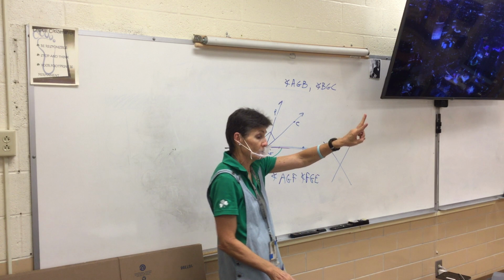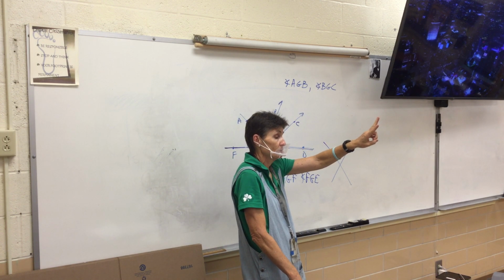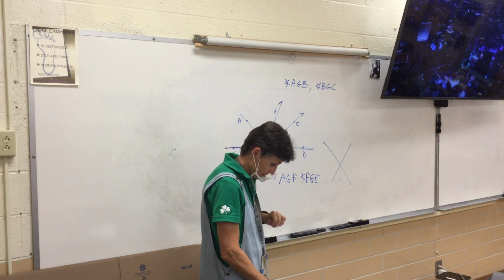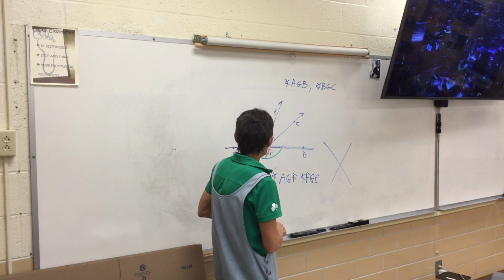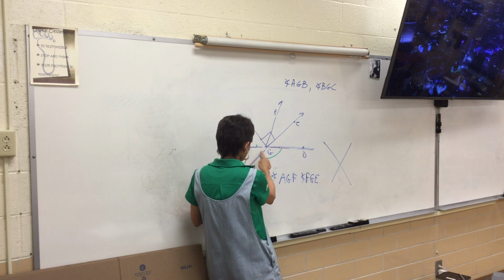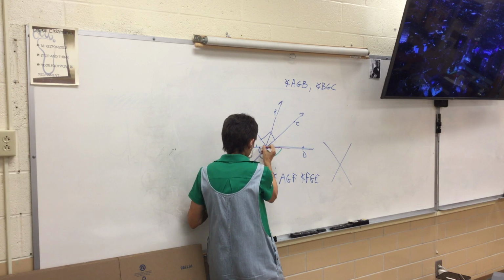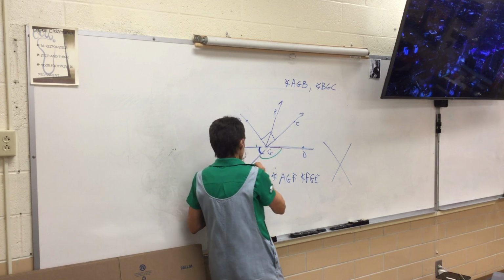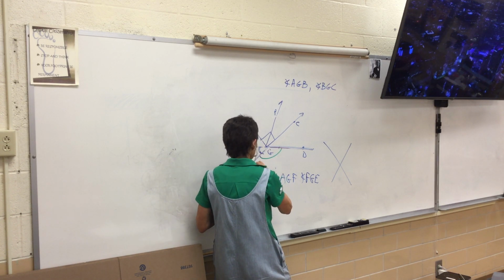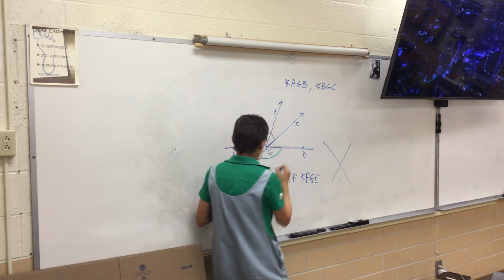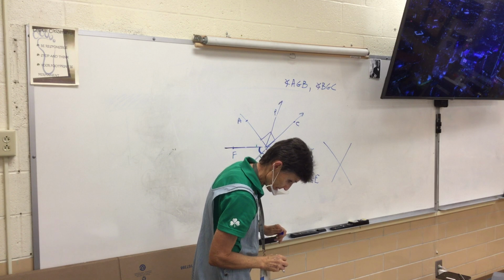You need two angles to be complementary or supplementary. FGE. All right, here is FGE right here. This angle right here is FGE. It is part of, is this a line? I can't tell. Is EGC a line? Yeah.